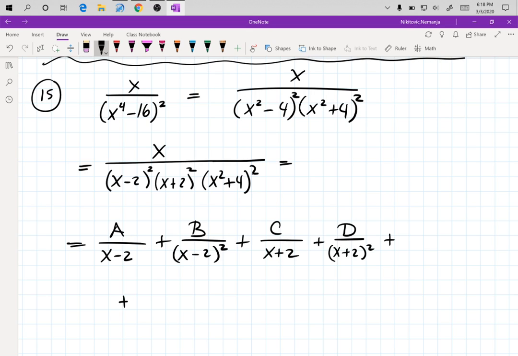We have ex plus f divided by x squared plus 4. Let's use g and h: plus gx plus h divided by x squared plus 4 squared. There you go. We have 8 variables in this case.